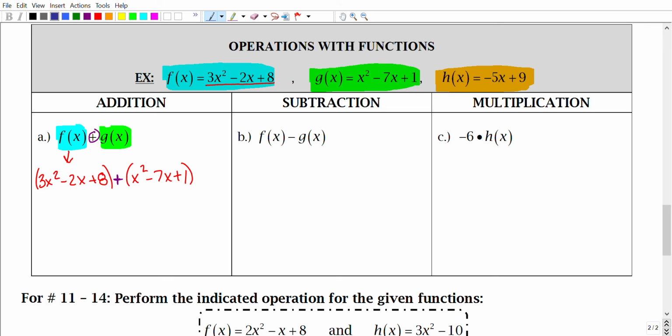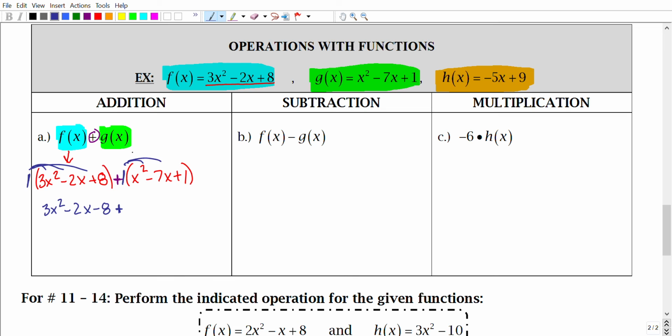So, let me ask you this. In front of this first set of parentheses, well, there's no number there. If we wanted to, we could say that there's a 1 there. But if I distribute a 1, what's going to happen? I'm going to get the exact same thing: 3x squared minus 2x plus 8. Then I'm going to have plus, and once again I have another 1 in front of the parentheses.